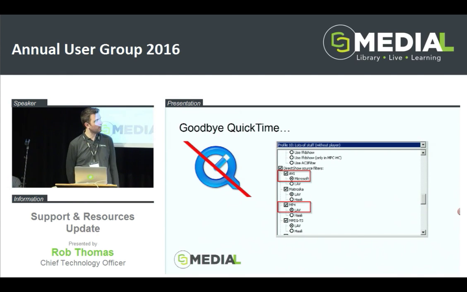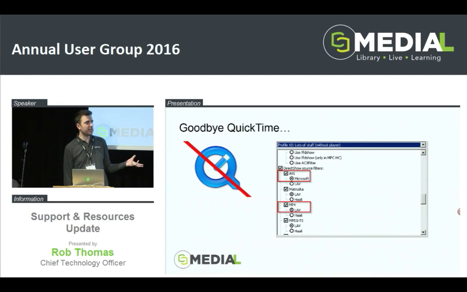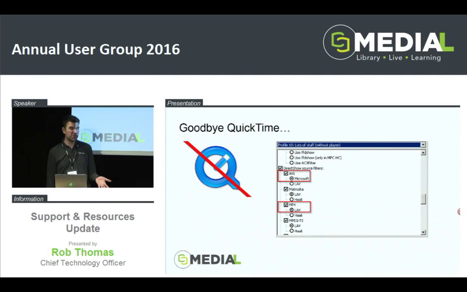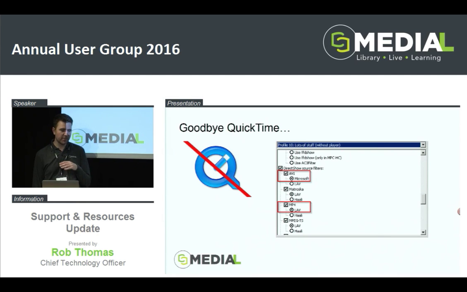Whereas before with the Helix producer, we absolutely had to have QuickTime because it was a DirectShow program. You can really get rid of that now, and you should realistically get rid of it because, like Dave said, on the Windows side, Apple are just saying goodbye, we don't want anything to do with QuickTime anymore. So that's gone.